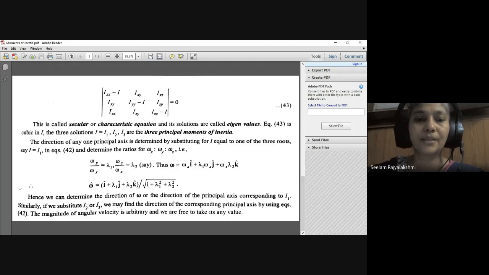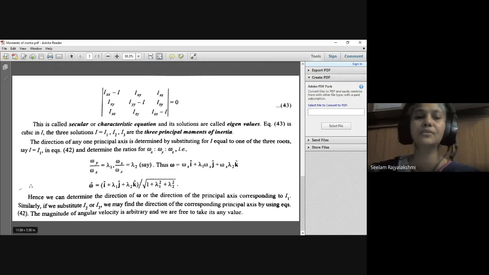Therefore, omega cap equals i cap plus lambda 1 j cap plus lambda 2 k cap, because we are replacing using these two conditions. By substituting, omega cap is equal to (i cap plus lambda 1 j cap plus lambda 2 k cap) divided by root of 1 plus lambda 1 square plus lambda 2 square. So hence we can determine the direction of omega, or the direction of the principal axis corresponding to I1.